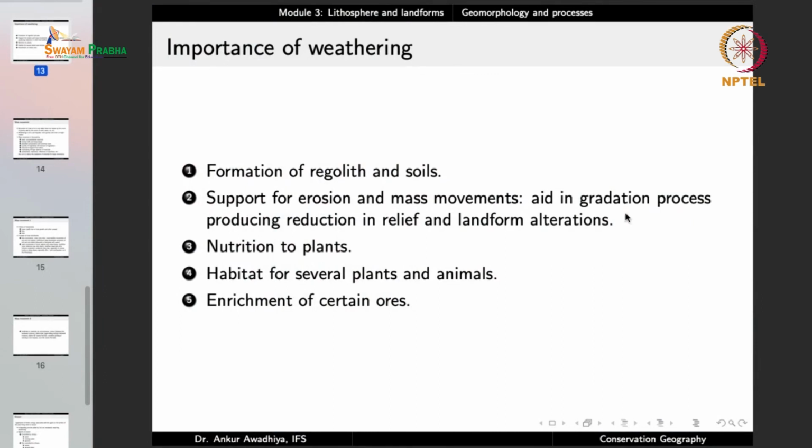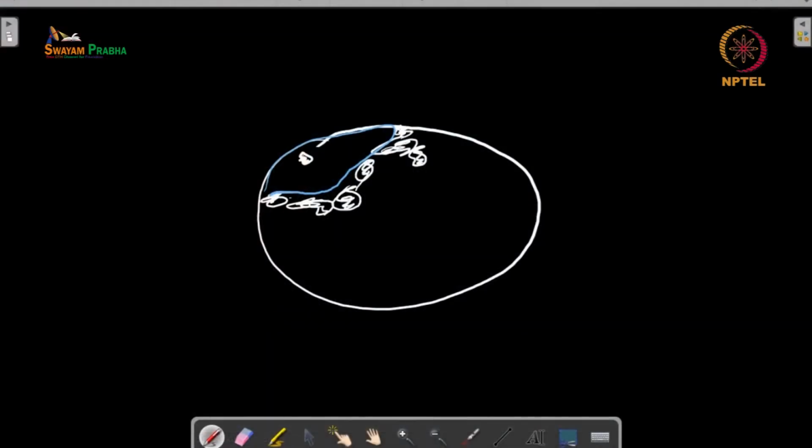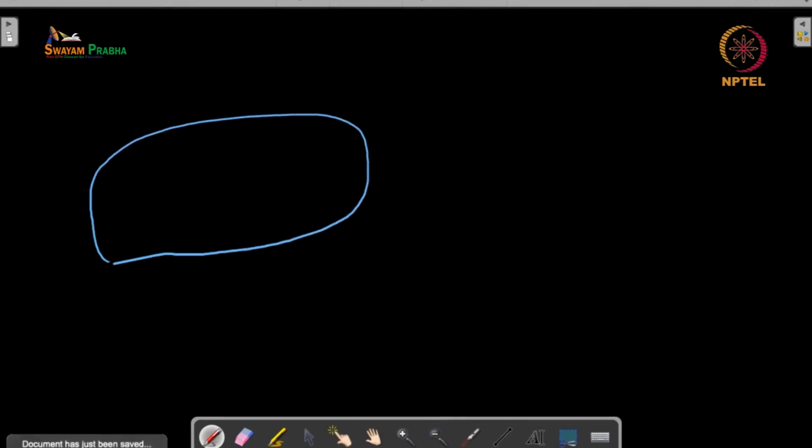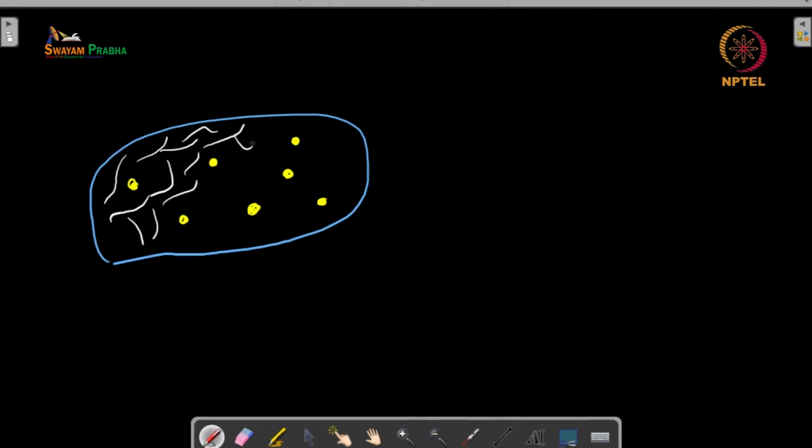Weathering creates habitat for several plants and animals, and it also leads to enrichment of certain ores. Why? Because suppose you have a rock and the rock has certain important minerals for you, say iron or say gold. Now when there is weathering, the rock will break down into smaller fragments, and when there is erosion and transport, then the lighter portions will get removed from this place.